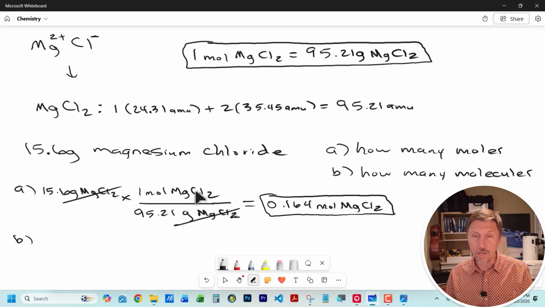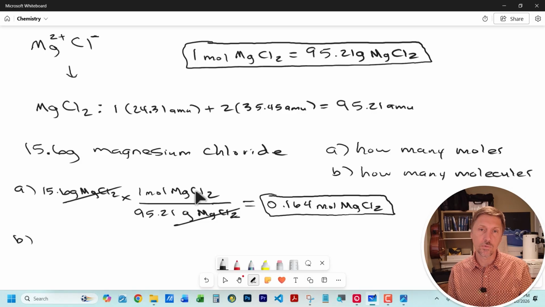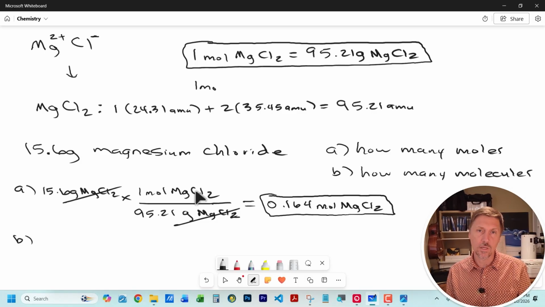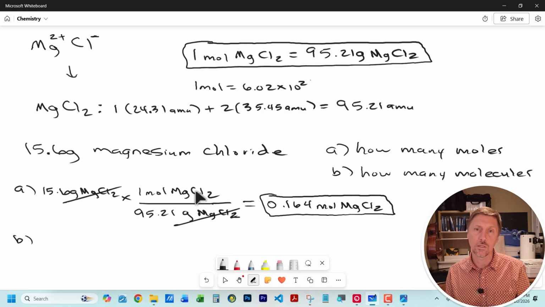Well, we have to remember that 1 mole, we're using a second conversion relationship now, and that conversion relationship is that 1 mole of anything is equal to 6.02 times 10 to the 23. So there's our second conversion relationship we're going to need for this problem.